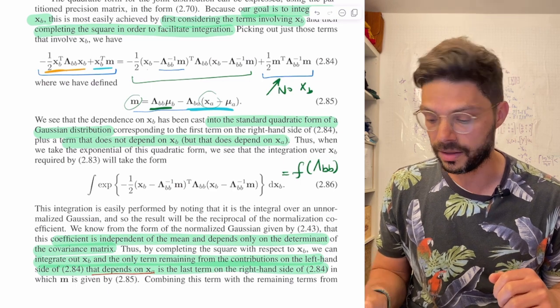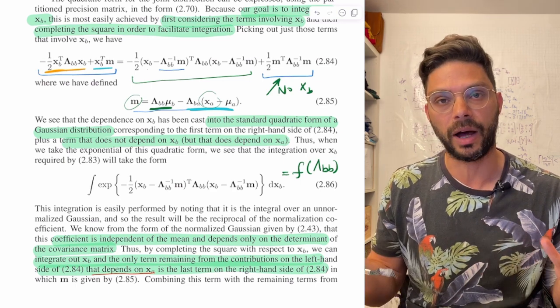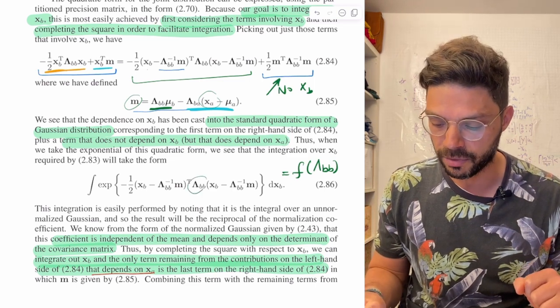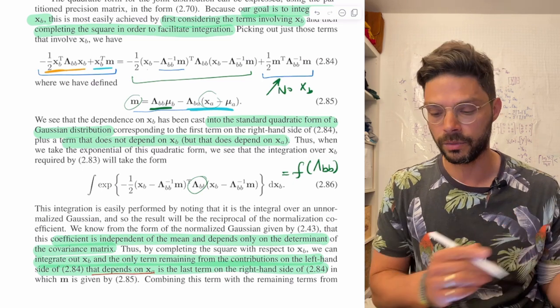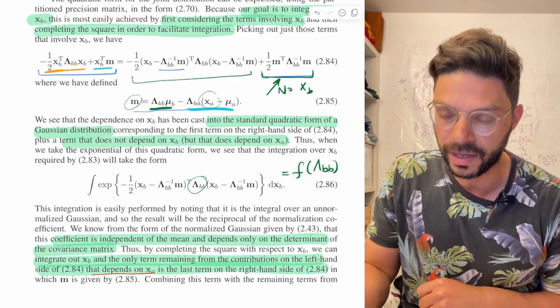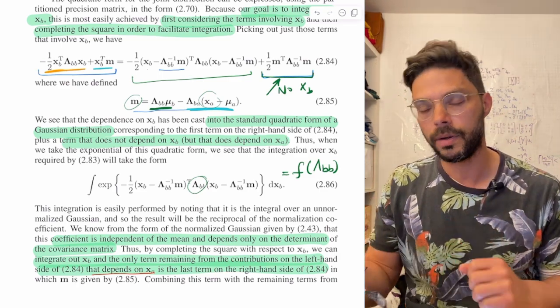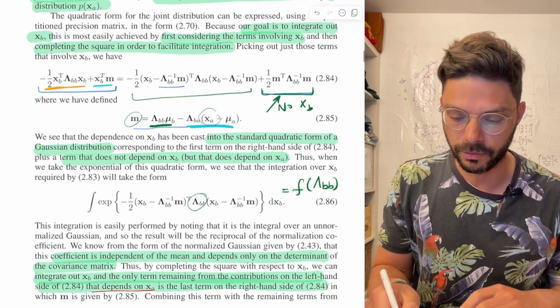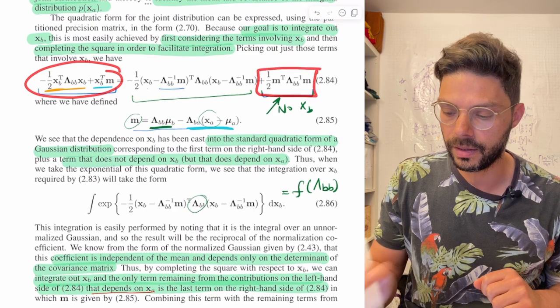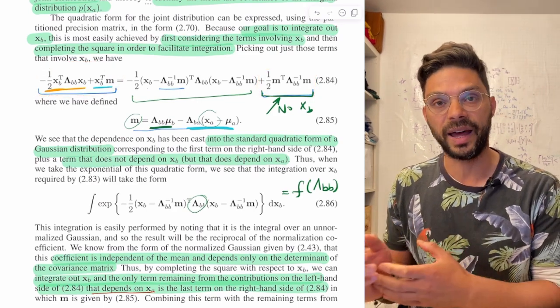But it turns out that because it's a Gaussian integral, the integral only depends on this precision. So essentially we can just ignore that component, and the only bit that we have to keep from this contribution is this part, because it has x_a in it.